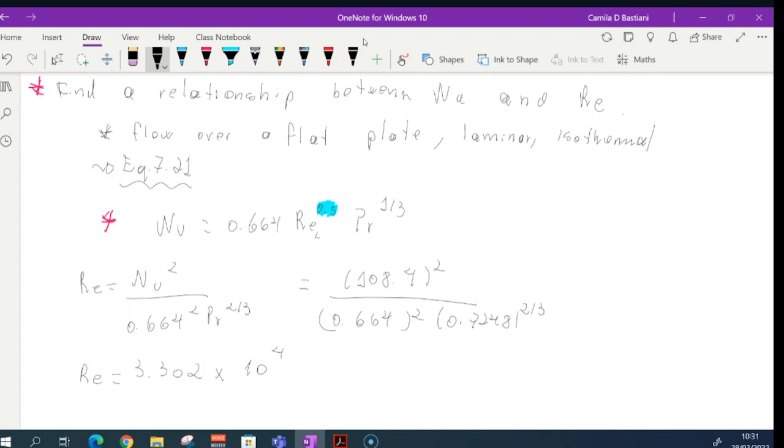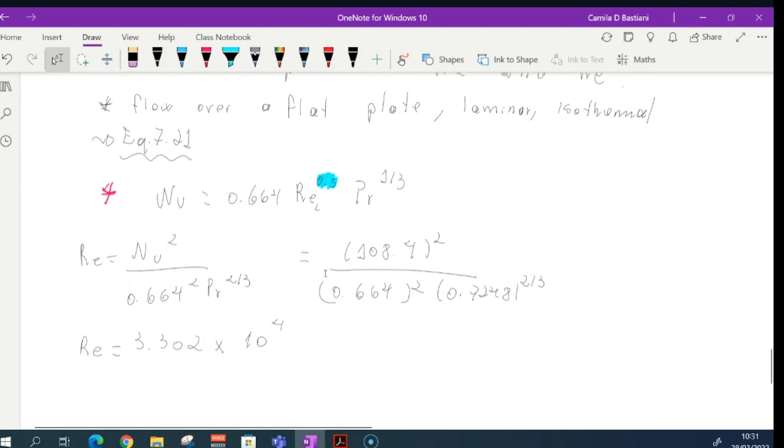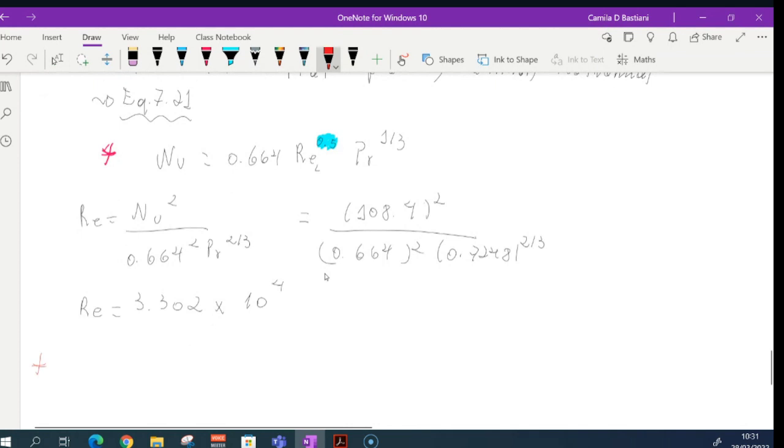Now I have a Reynolds number. With this Reynolds number, I can find the velocity of the air. My Reynolds number is a function of length. So my Reynolds number for a flat plate is equal to my velocity multiplied by my length divided by my kinematic viscosity.